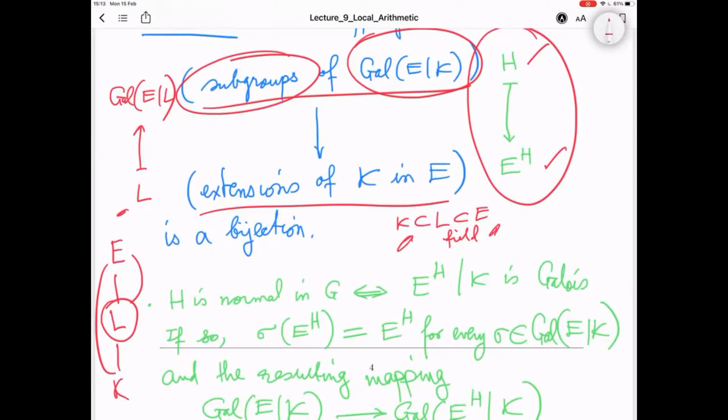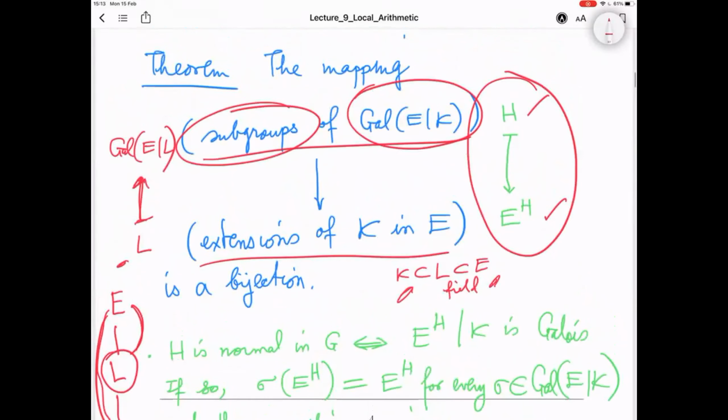That's given to us. One can check that E over L is also Galois. And so the Galois group of E over L, of course, is going to be a subgroup of the Galois group of E over K. So this map sends L to this Galois group of E over L.